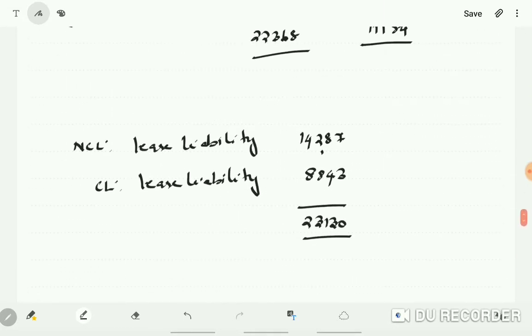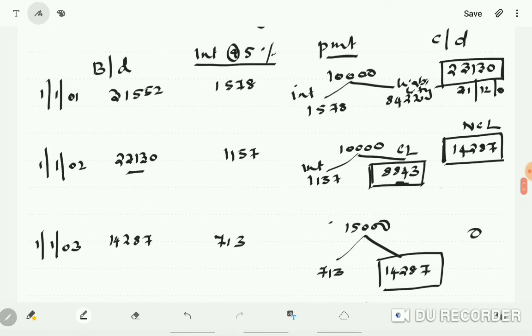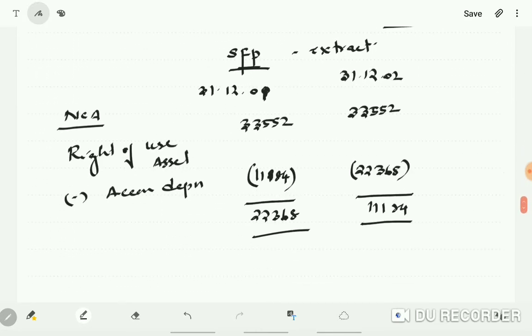So in the second year there is no non-current liability, there is only a current liability of 14,287, payable within 1 year. In the third year everything is settled, so there is no lease liability. This is in the SFP.